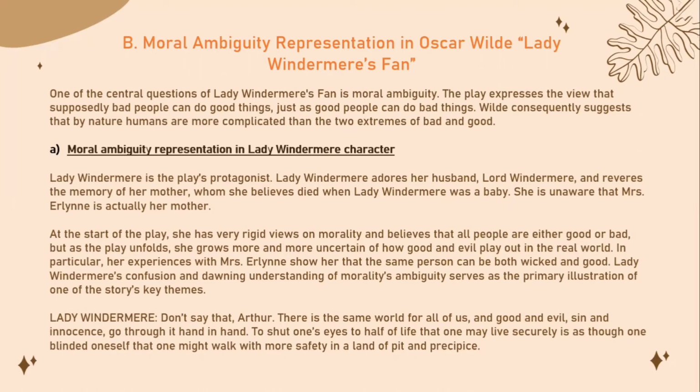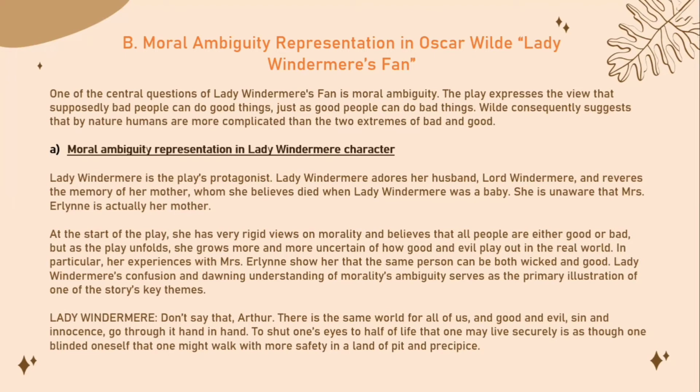At the start of the play, she has very rigid views on morality and believes that all people are either good or bad. But as the play unfolds, she grows more and more uncertain of how good and evil play out in the real world.